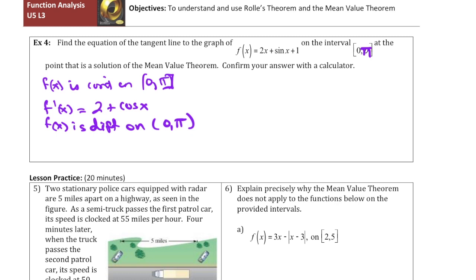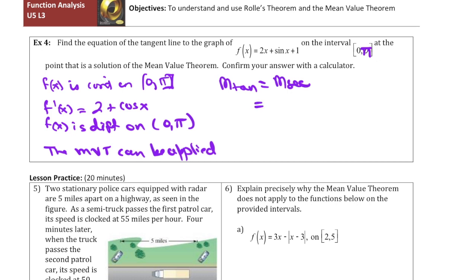All right, the next thing I want to do is figure out, since we know that the mean value theorem can be applied, where the slope of our tangent line is equal to the slope of our secant line. So find the slope of the secant line. We're going to have f at pi minus f at 0 over pi minus 0.